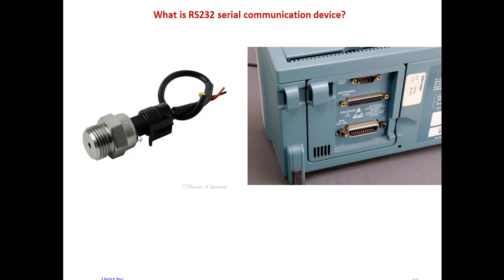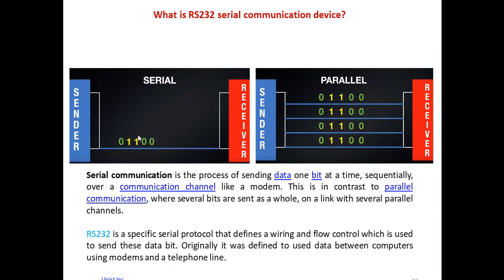So what is an RS-232 serial communication device? Serial communication is the process of sending data 1 bit at a time. 1 bit, like 0, and then another 0, and then another 1. This is a byte, and each one of them is called a bit. So serial communication is the process of sending data 1 bit at a time, sequentially, over a communication channel like a modem. For example, if you have a sender and a receiver, the sender is sending signals 1 bit at a time to the receiver.